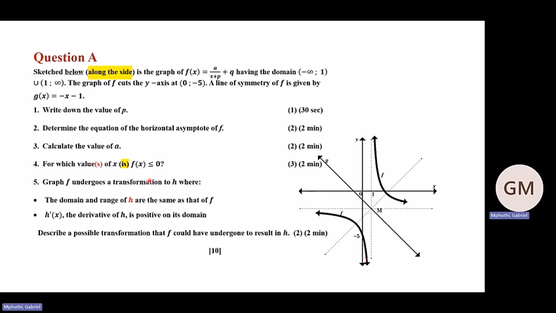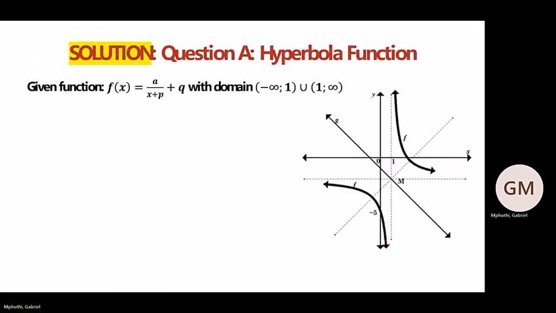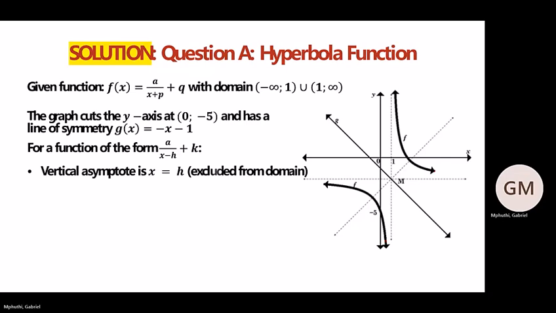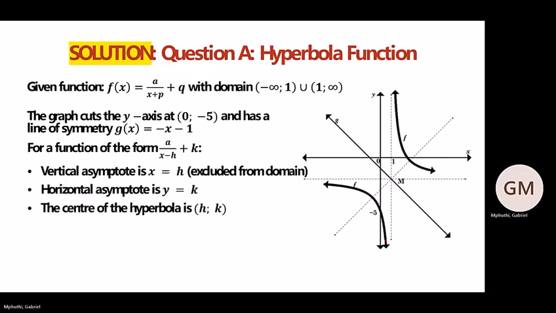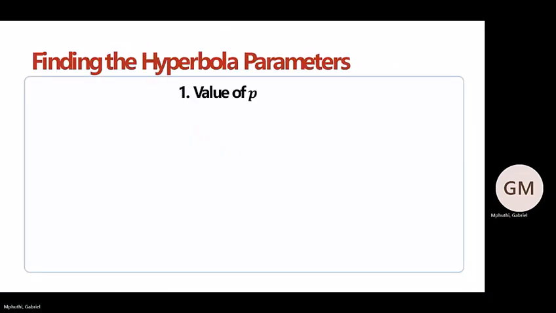This is just like revising. We did determine the equation of the asymptote, and we found it to be -2, and we have now calculated the value of a. This is where we are.